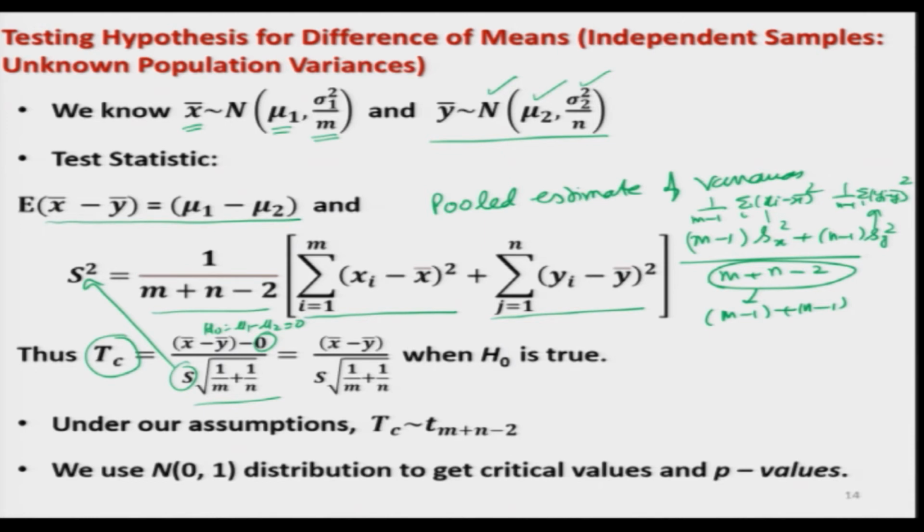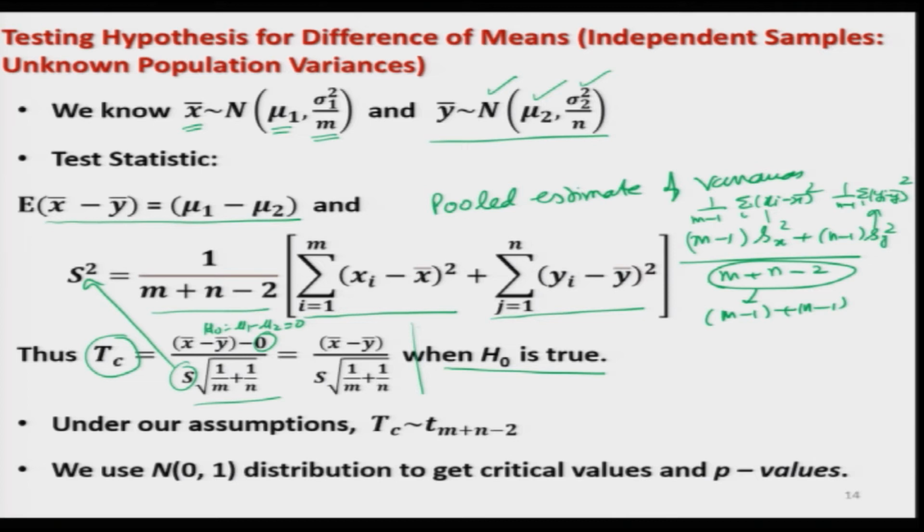In the denominator, capital S is the positive square root of this s square, times the square root of 1 upon m plus 1 upon n. So this can be written as x bar minus y bar upon S into square root of 1 upon m plus 1 upon n, and this is the value of TC when H naught is true, that is, when mu 1 minus mu 2 takes the value 0, otherwise it will take some other value, say D.